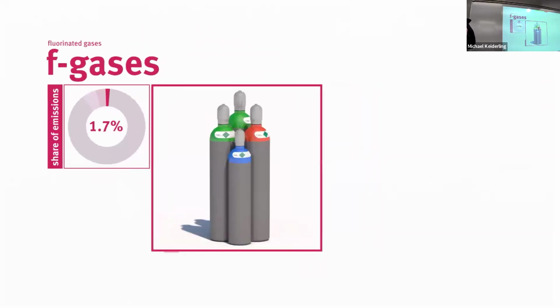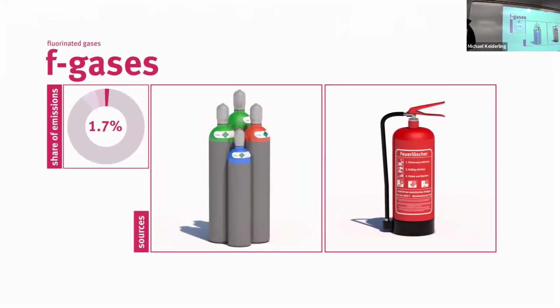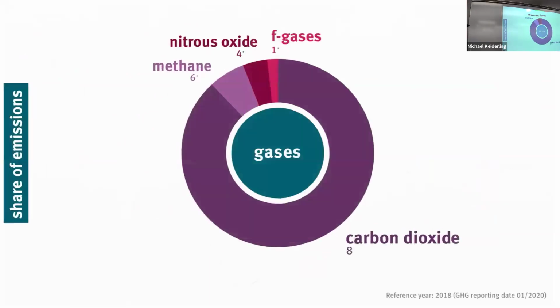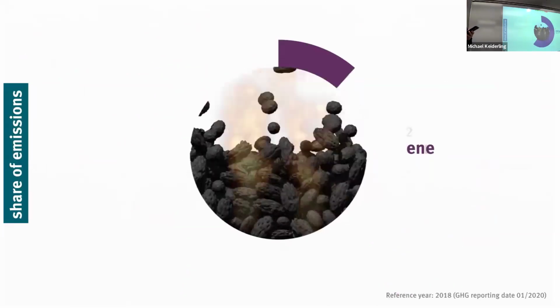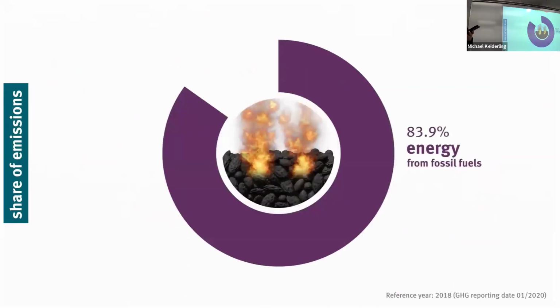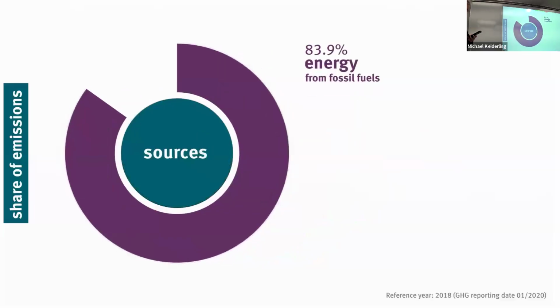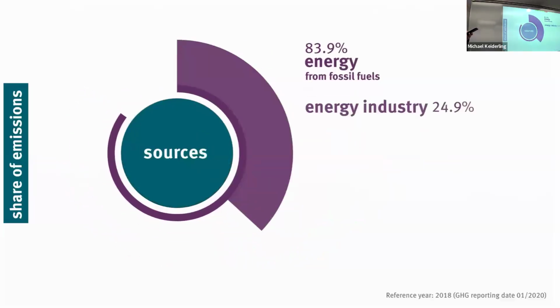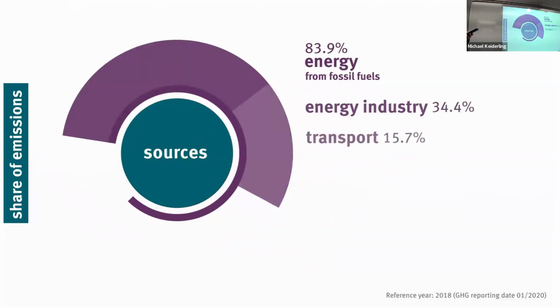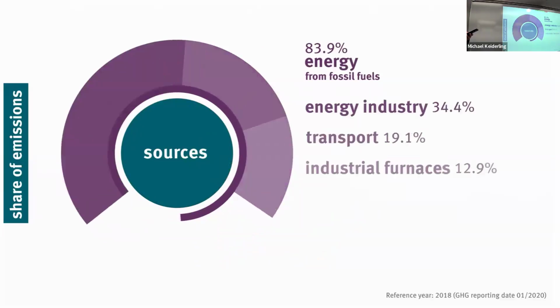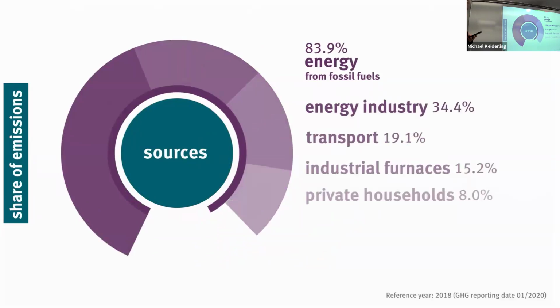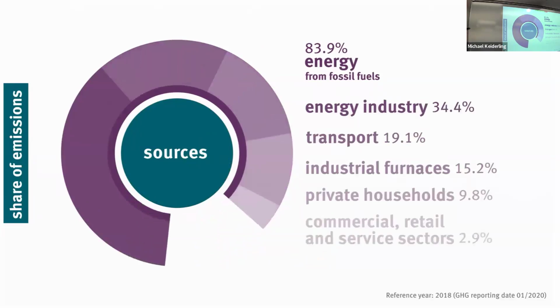F gases are used as coolants and extinguishing agents, as propellants and in solvents, among others. In Germany, most greenhouse gas emissions arise when fossil fuels such as oil or coal are burned to generate energy. The primary source in this area is the energy industry, for example, the generation of electrical power and heat. This is followed by transport, industrial furnaces, private households, and the commercial, retail and service sectors.